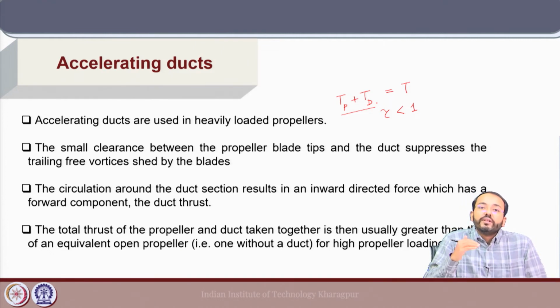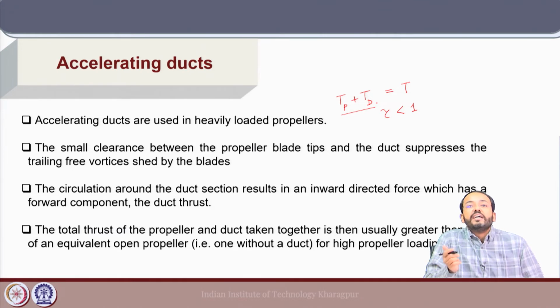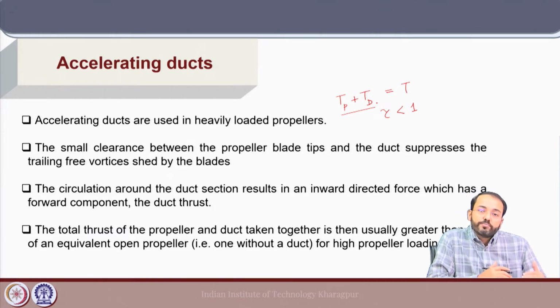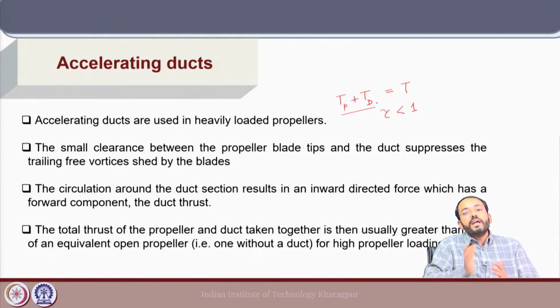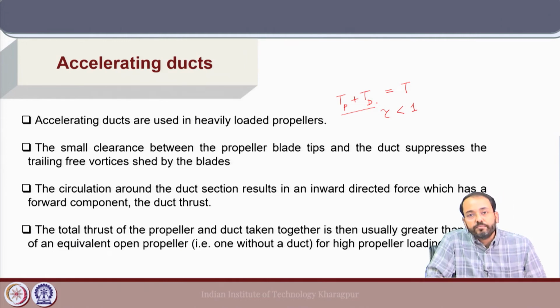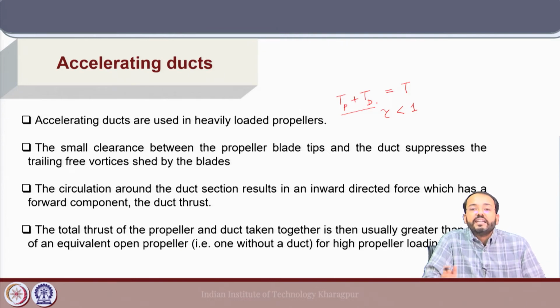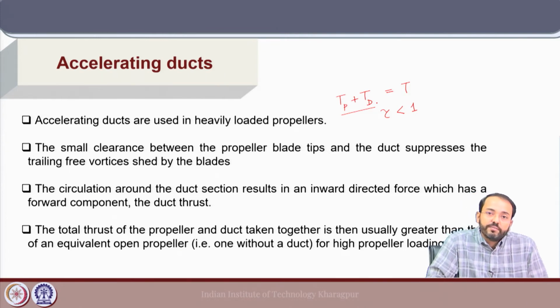So, the idea here is that if we have a ducted propeller, because the duct is also contributing to the total thrust, the total thrust produced from the ducted propeller assembly should be higher than the thrust from the open propeller, which is without the duct, for a similar design. And this is true for high propeller loading conditions.